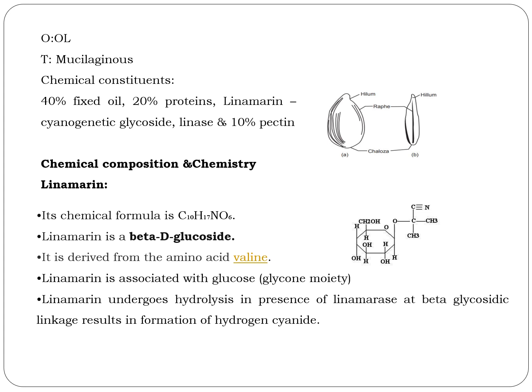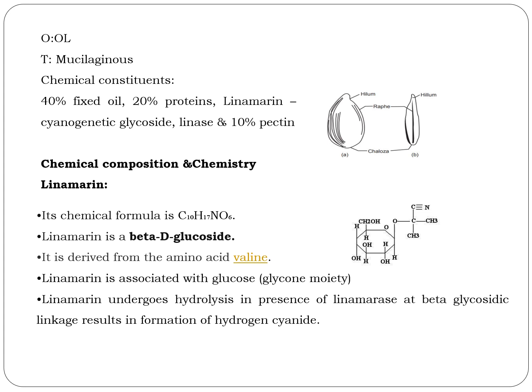It consists of 40% fixed oil, 20% proteins, and a chief constituent known as linamarin, a cyanogenetic glycoside. Apart from this, it also consists of an enzyme known as linase and 10% pectin. Its chemical formula is C10H17NO6.